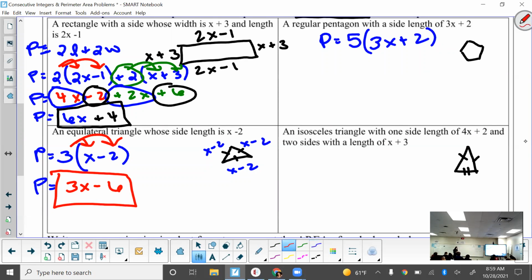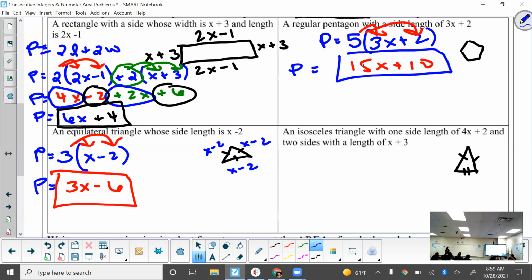What do I do next? Distribute. What do I get when I distribute? 15x plus 10. Do I have to do anything more to put it in simplest form? No. So then we're finished there. That's our simplest form. Questions about that? All right, so make sure you get that one right on your test form.